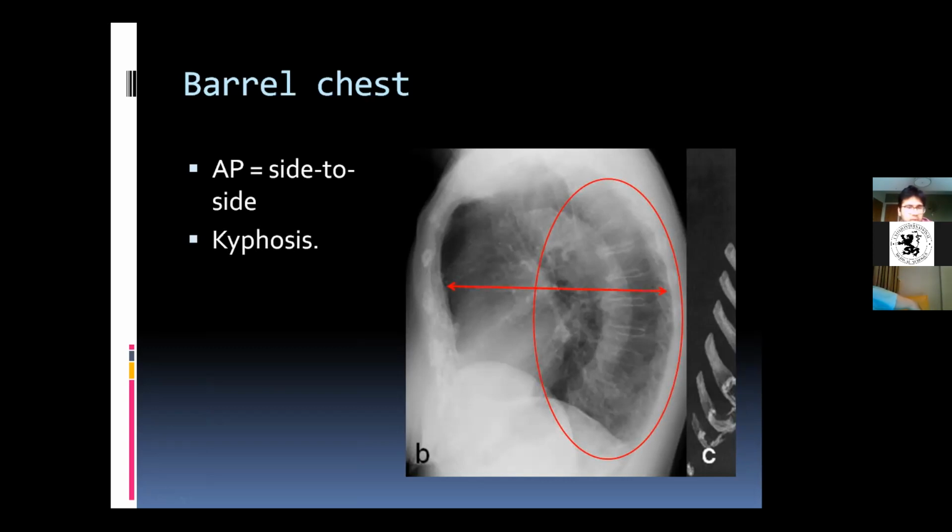There's definitely hyperkyphosis. So, can anyone tell me what the diagnosis can be? Good. Emphysema or leading to? Good. Advanced COPD. That is basically what this person's got, and it is quite bad.